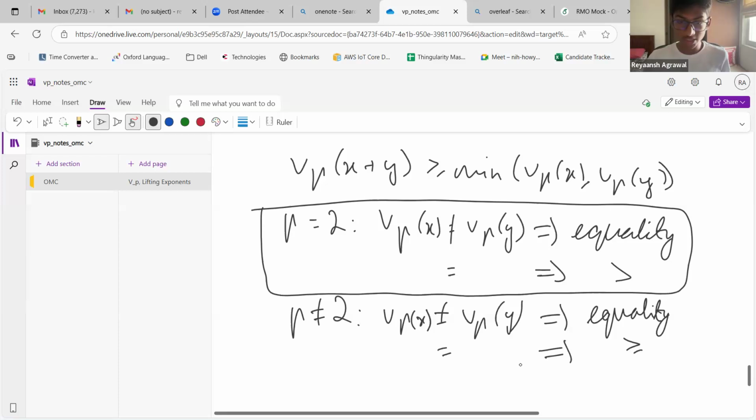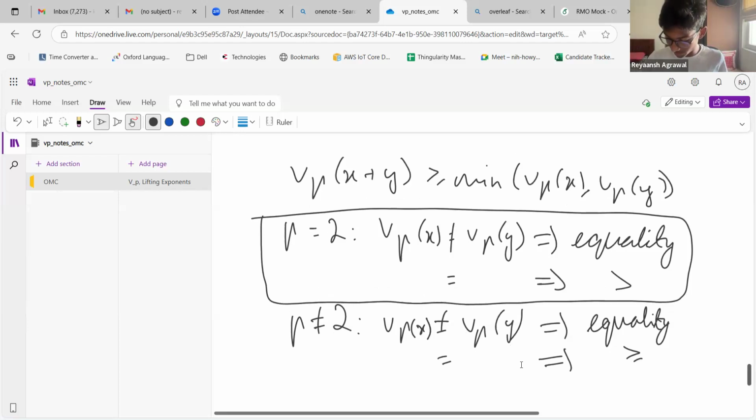But if p is equal to 2, it's only greater than. That's a very important thing. In problems where you're using vp and doing addition, you can often use v2 to get some strict inequalities, and that helps a lot.